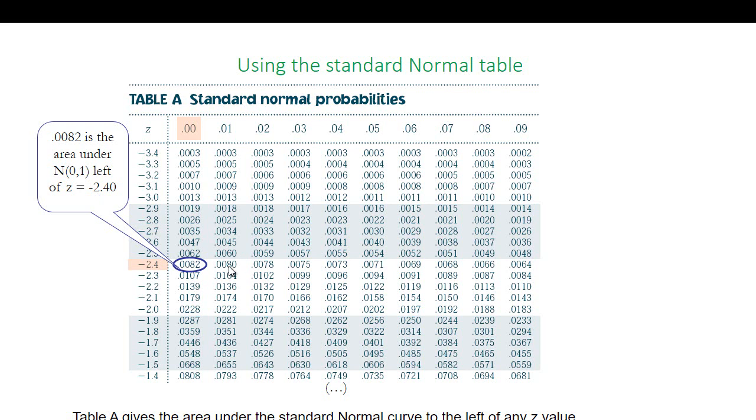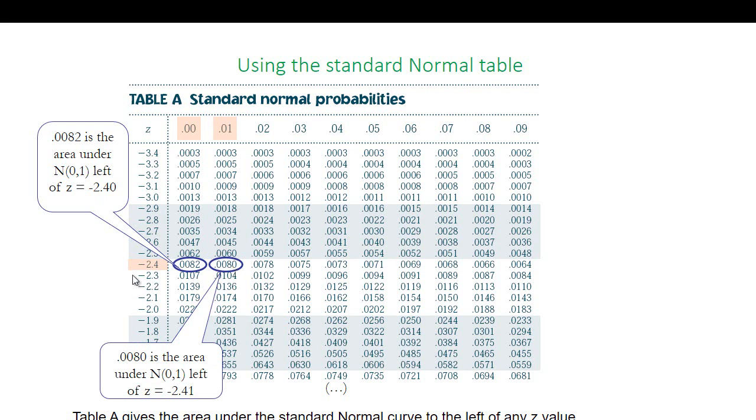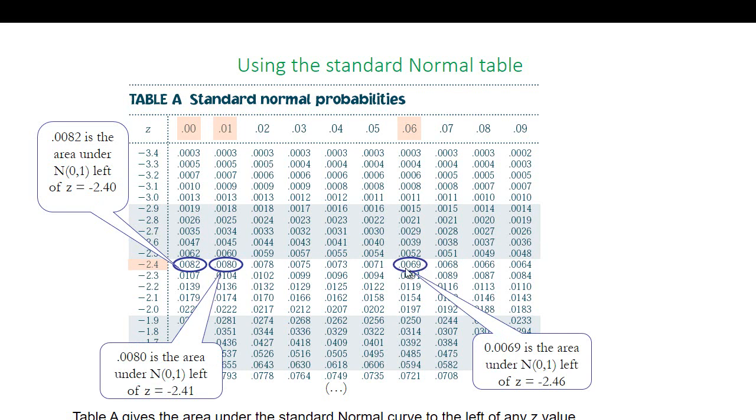Similarly, 0.0080 is the area to the left of negative 2.41, and 0.0069 is the area to the left of negative 2.46. Again, this table is for the standard normal distribution only, and you will find this table in the back of your text as well.